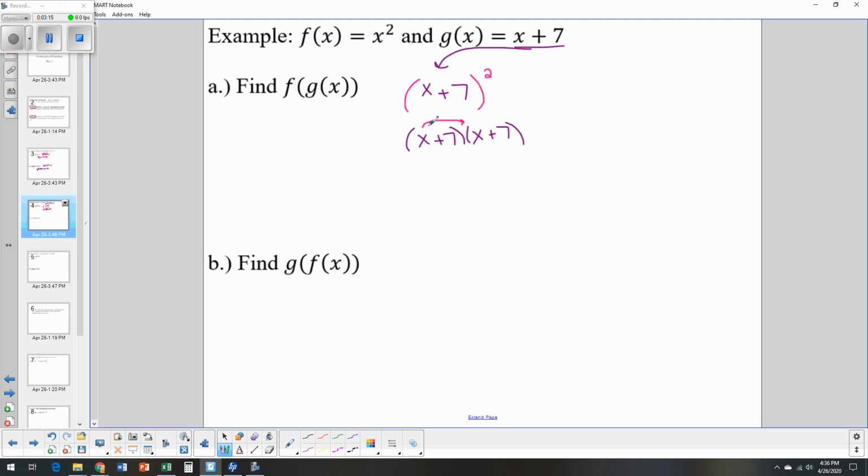So we get x times x is x squared. x times 7 is 7x. 7 times x is 7x. And 7 times 7 is 49. So that means f of g of x is x squared plus 14x plus 49.